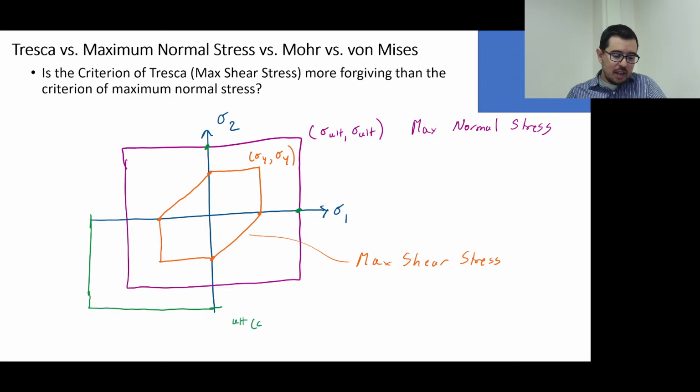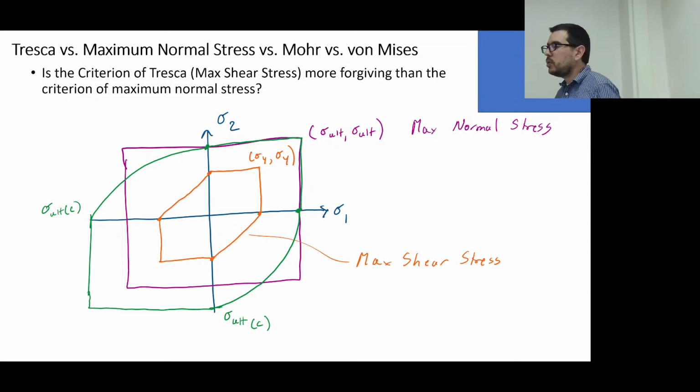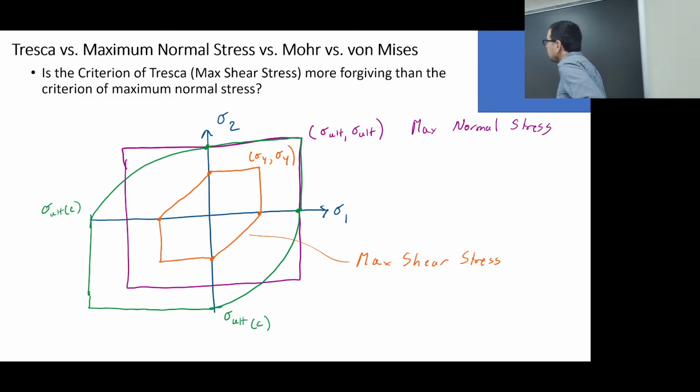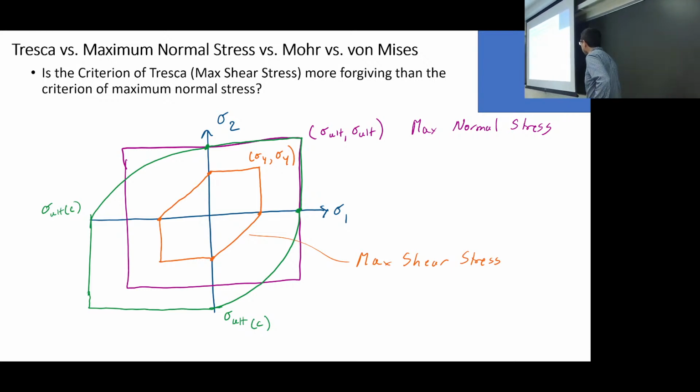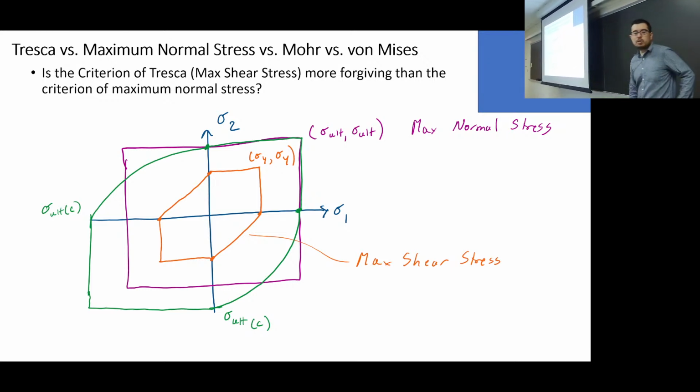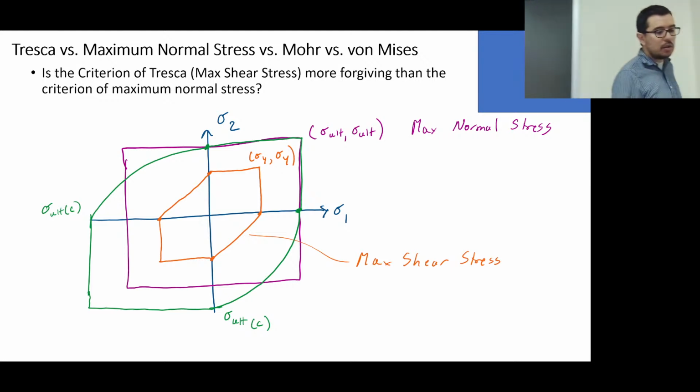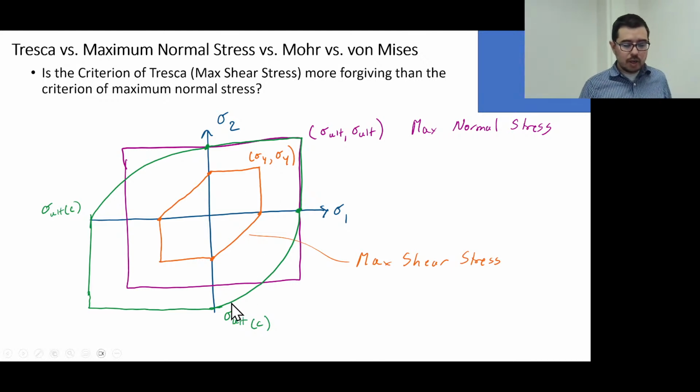Okay. If you have the Mohr criterion, chances are you have a higher compressive strength than ultimate tensile strength, right? And so the window could end up being larger, depending on what the ultimate compressive strength and the ultimate tensile strength are. This curve could be outside.